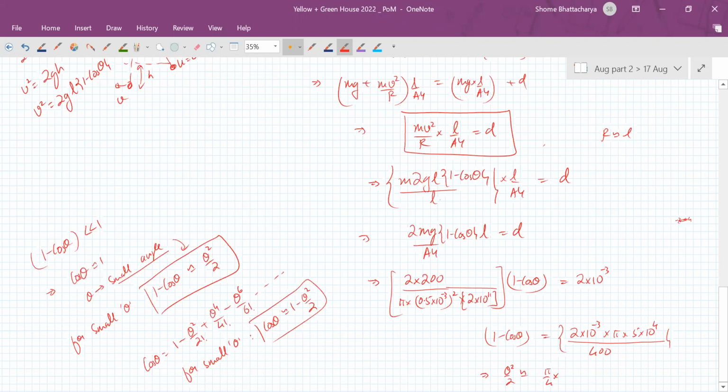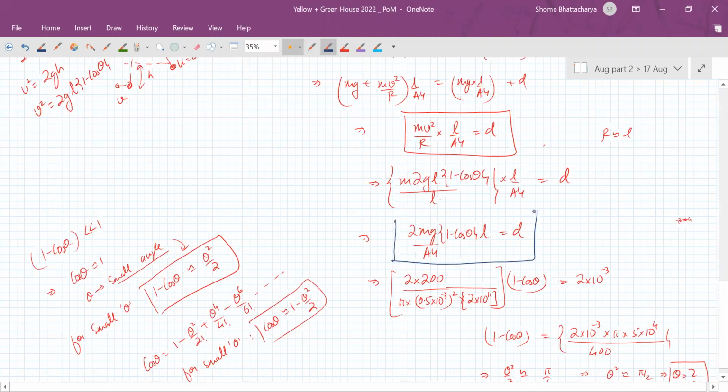Something like this you'll get. So theta square is approximately equal to pi by 2. So from that theta you can calculate how much it is in radians. Just check my calculation part once, but this is a more important thing, this expression.